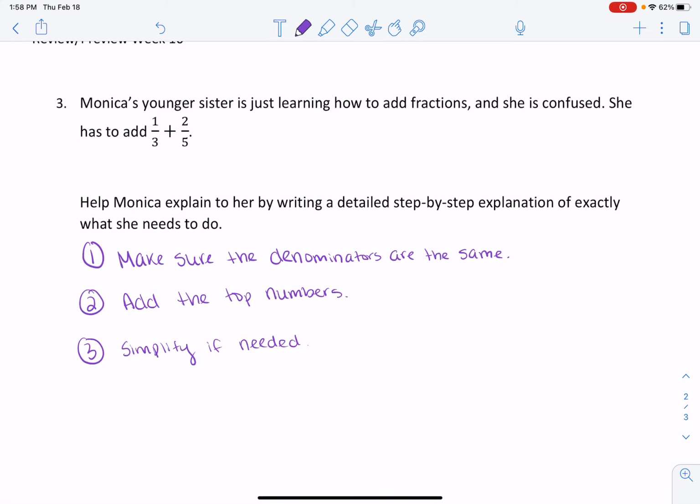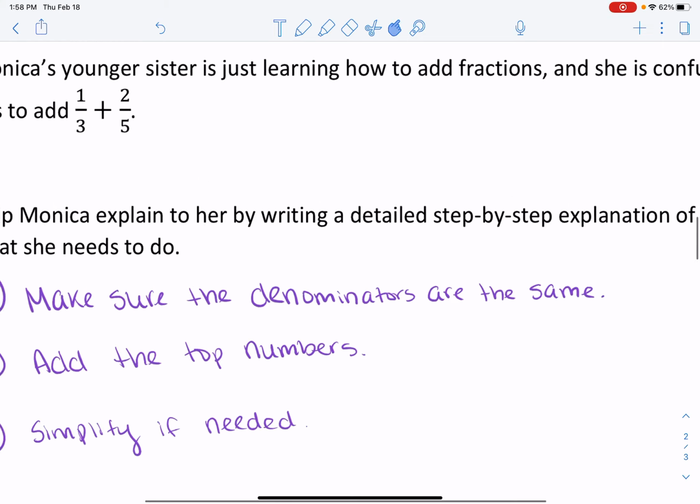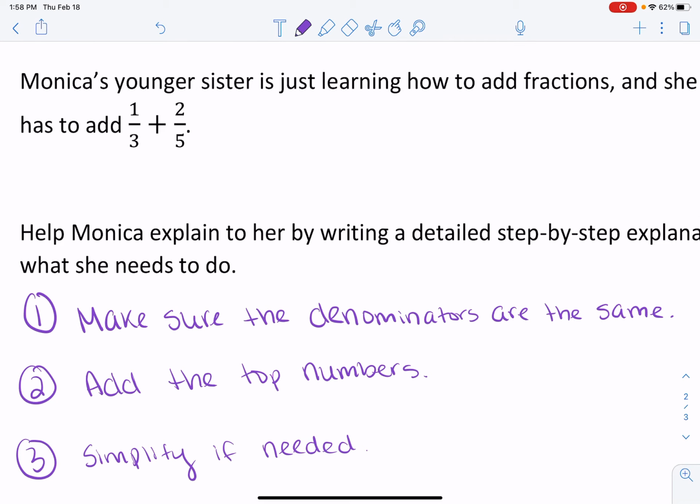Okay, so when I look at 1/3 plus 2/5, I'm going to rewrite it so it looks like this. So we've got 1/3 plus 2/5. Now we need to have a common denominator. When I think about the least common denominator that these both have in common, for a common multiple, that would be 15, right?